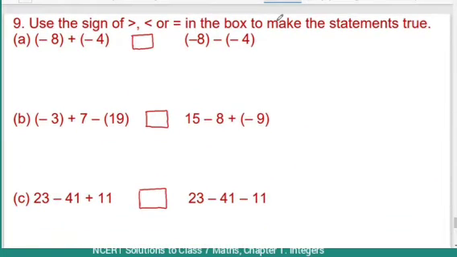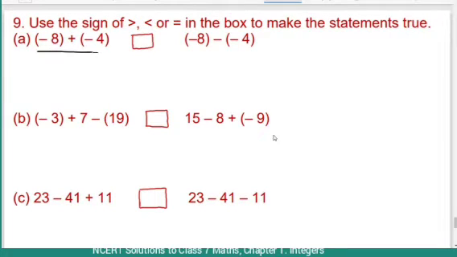Ninth question, use the sign of greater, lesser or equal to in the box to make the statements true. A, minus 8 plus of minus 4 and minus 8 minus in bracket minus 4.